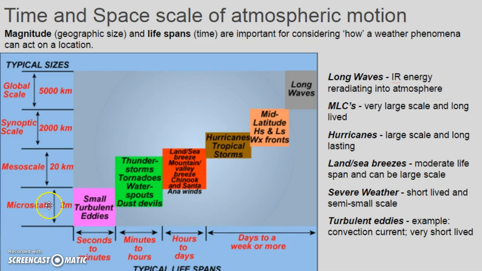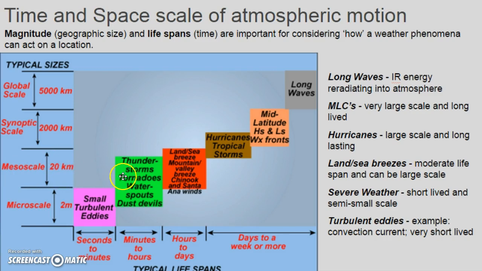Some of them are, for example, like our thunderstorms. These normally last from minutes to hours. We're kind of looking at smaller scale weather phenomena. And some of them can last up to days. Obviously, we can have rain for a couple days. But in general, the severe weather is very, very short lasting. And it's on a scale of roughly 20 kilometers, on a small scale, the mesoscale.